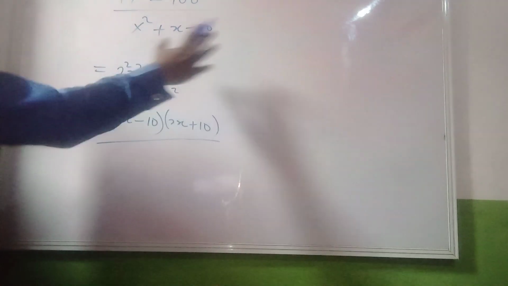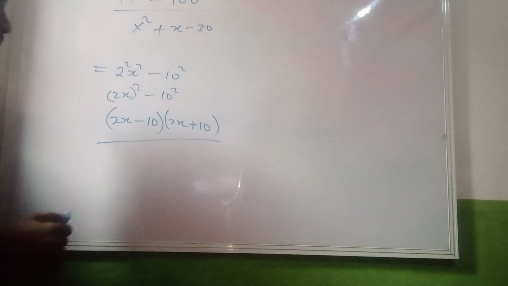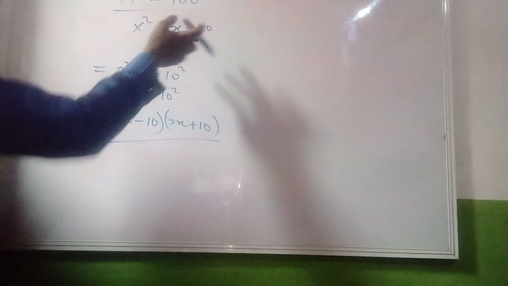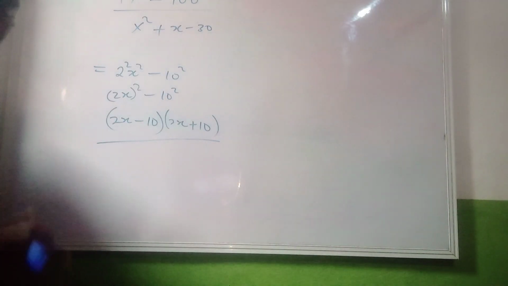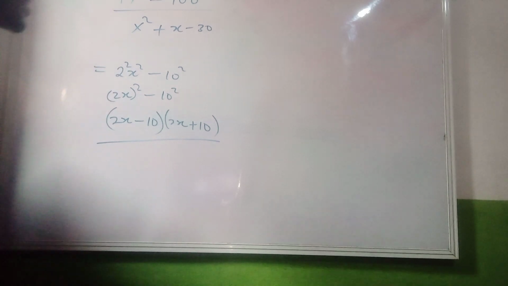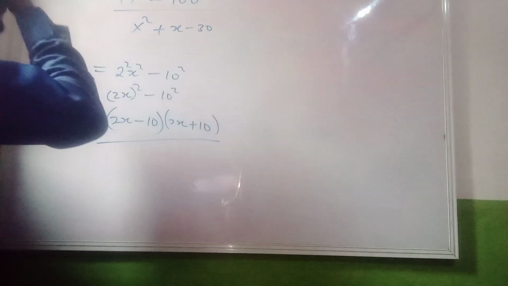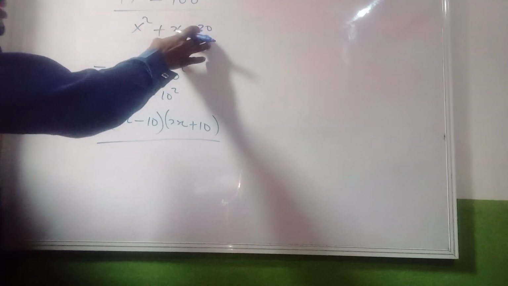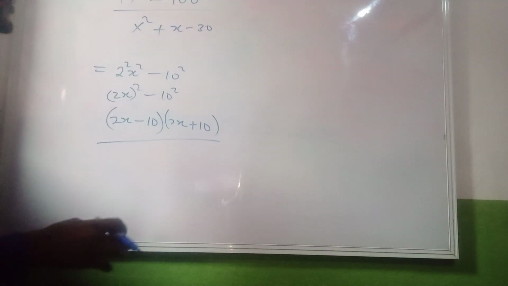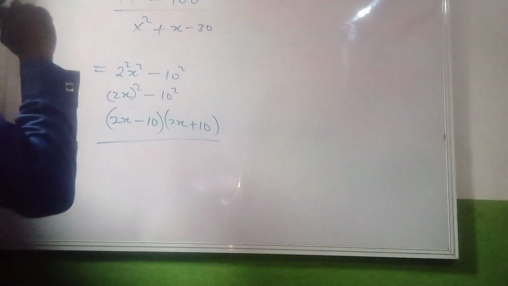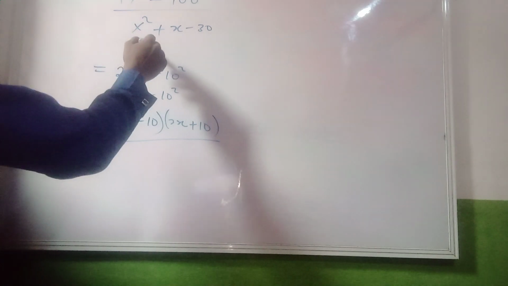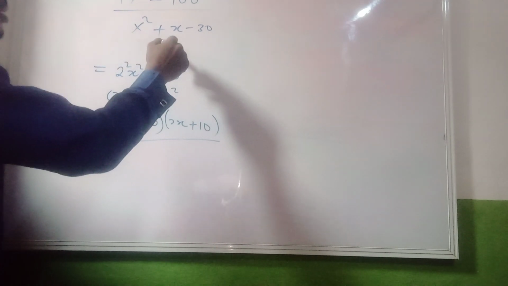And we count down. Can we factorize anything downstairs? We have x squared plus x minus 30. What are the two things we multiply to give minus 30 that, when added together, give us x? Those two things are 6 and minus 5.